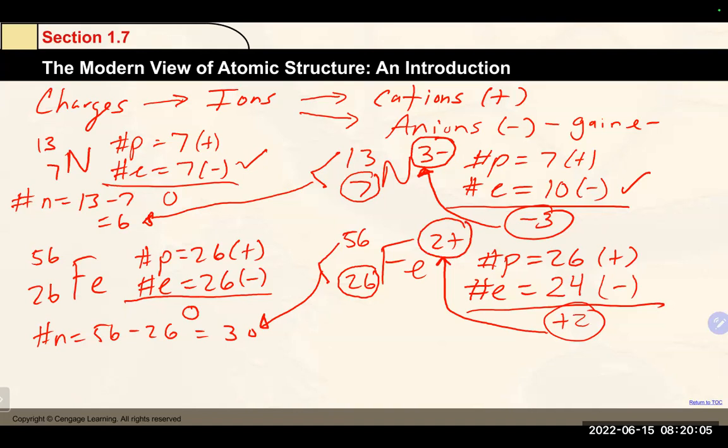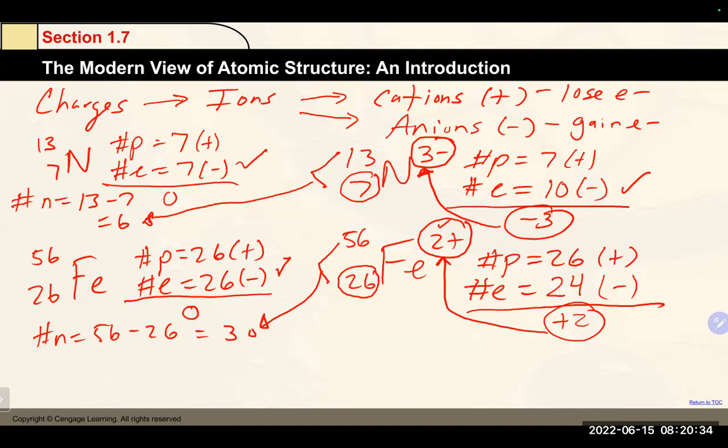The positive tells us that it lost electrons. It now has more positively charged protons than negatively charged electrons, so it's net positive overall. And once again, the number is how many electrons it lost. In this case, 26 it started with, lost 2, ends up at 24. And that is how cations happen: they typically will lose electrons.